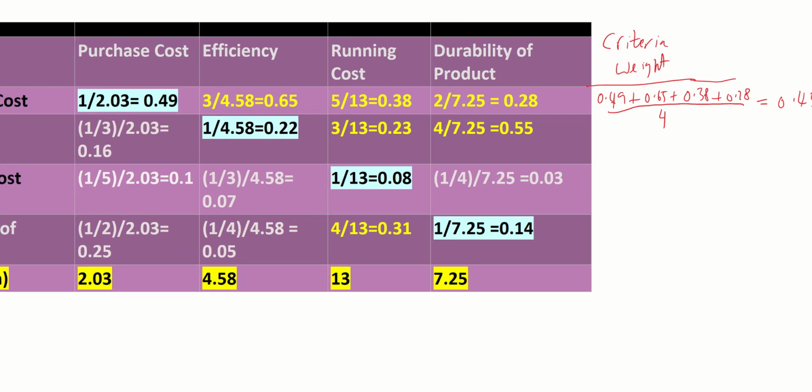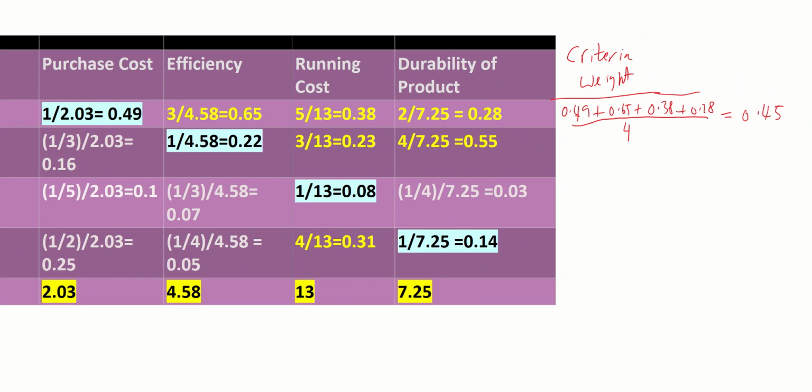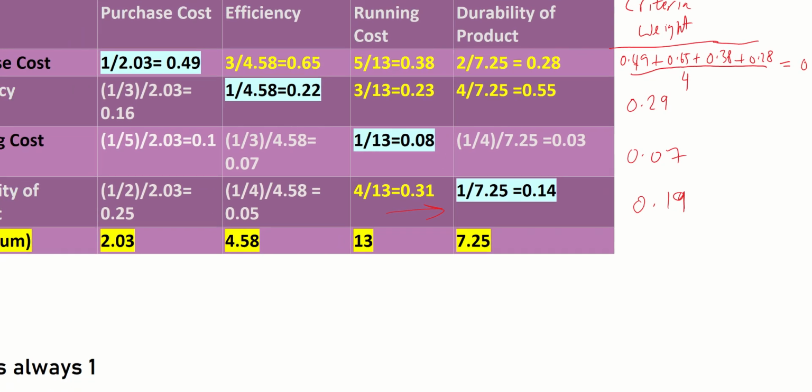Okay, likewise, you have to do the same for each of these rows. So for this row, for efficiency, you should be getting 0.29, 0.07, and 0.19. So remember, for this step, we're doing the addition across the row, and then you divide by the total number, which is 4.